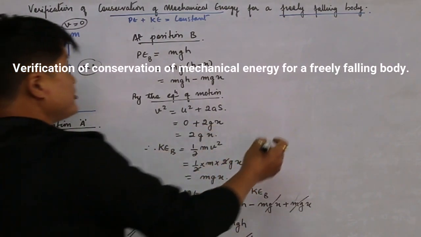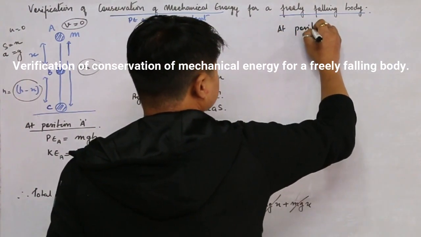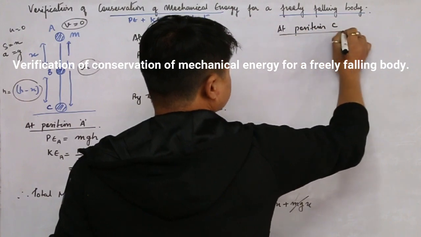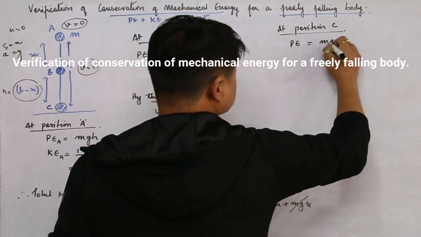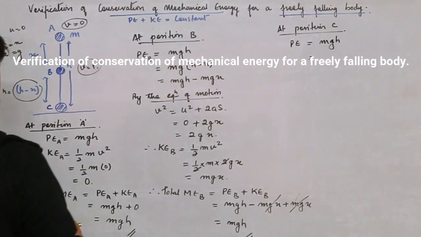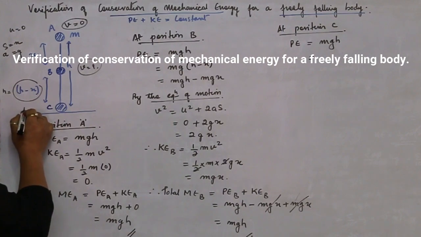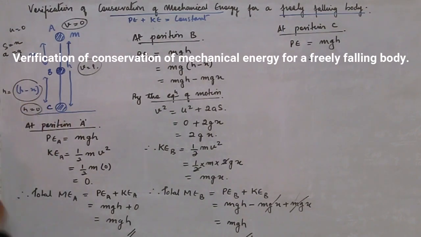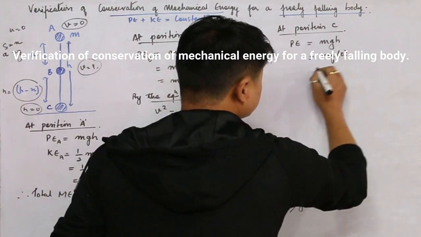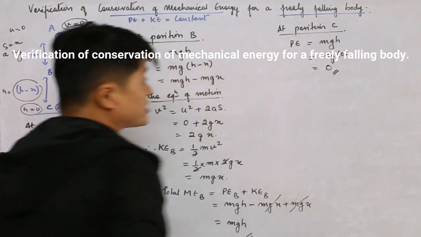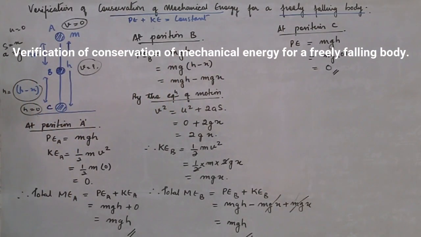Similarly we find it at position C. Here potential energy is equal to mgh. When the body reaches position C, the height h is equal to 0, so mg into 0 is equal to 0. Potential energy will be 0. For kinetic energy, again we have to know the velocity.